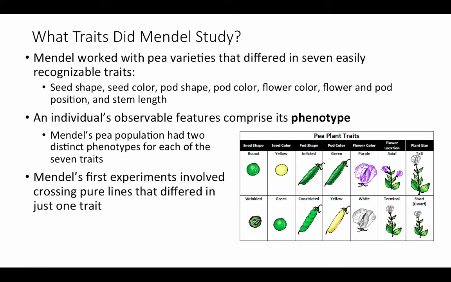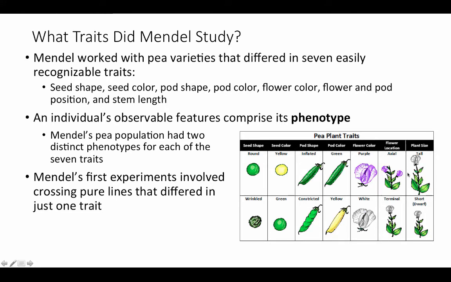Mendel's first experiments involved crossing pure lines that differed in just 1 trait. So in other words, he would have 2 plants where one had purple flowers and the other one had white flowers, but in all of these other traits they were the same. They either all had, let's say, round yellow seeds with inflated green pods growing axially and were tall plants.